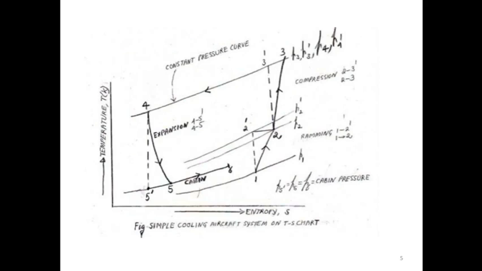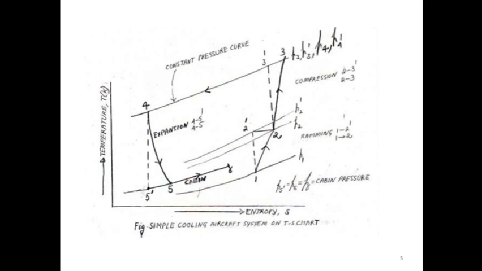After that, 2 to 3 is the actual compression and 2 to 3 dash is the isentropic compression, and from 3 to 4 is the constant pressure cooling process. 4 to 5 dash is the isentropic or ideal expansion, 4 to 5 is the actual expansion, and 5 to 1 is the supply of air inside the cabin. So this is the temperature entropy diagram for the aircraft with the ramming process.